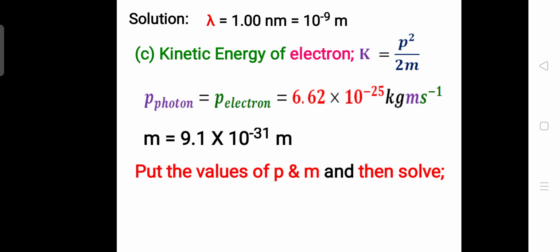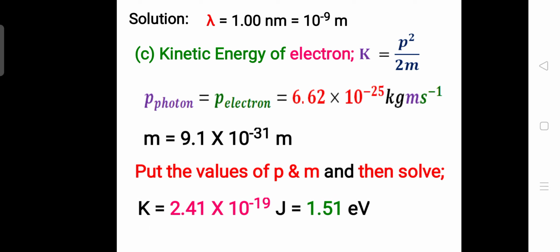Put both the values and solve. We will get K is equal to 2.41 into 10 raised to power minus 19 joule, that is equal to 1.51 electron volt. This is the third part of question number 16.